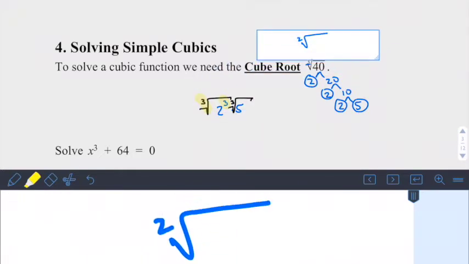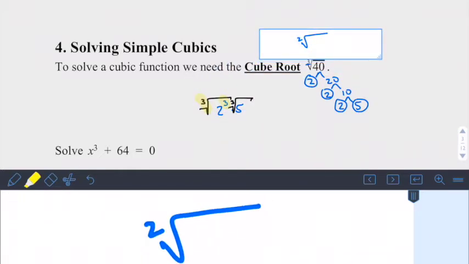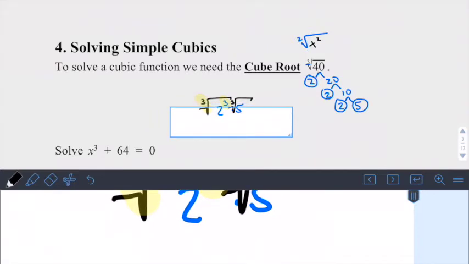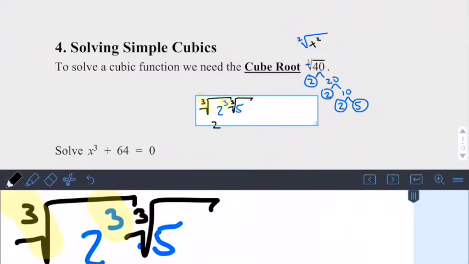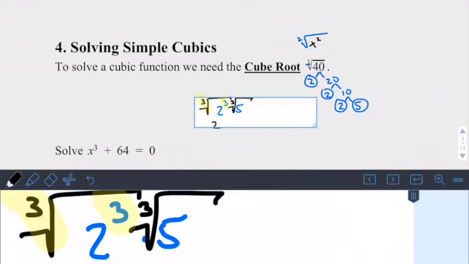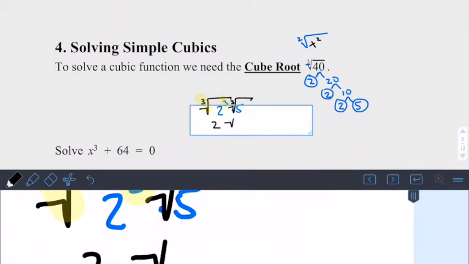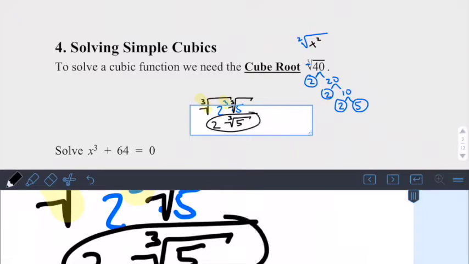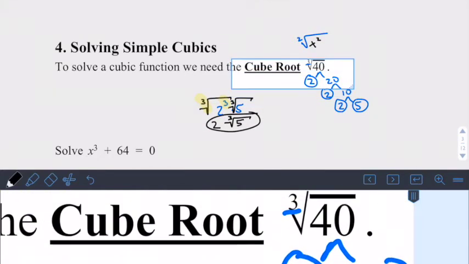Remember with square and square root canceling out? Well, a cube and a cube root will cancel out, leaving 2. And then the 5 is left over inside. So 2 cube roots of 5 would be our simplified cube root.